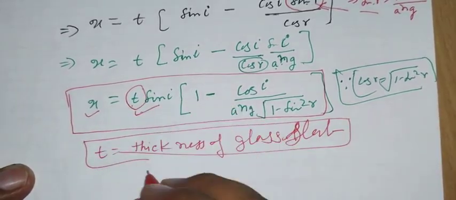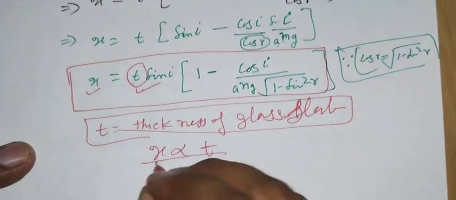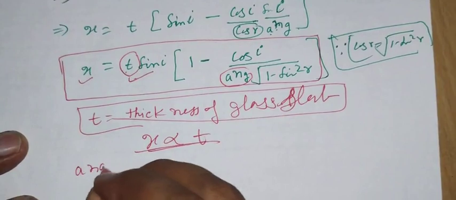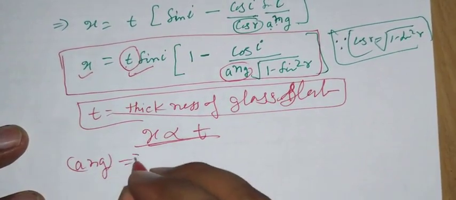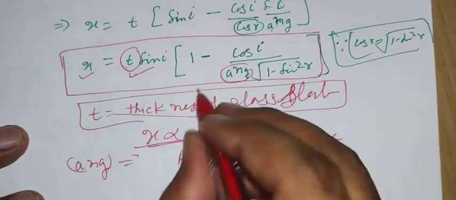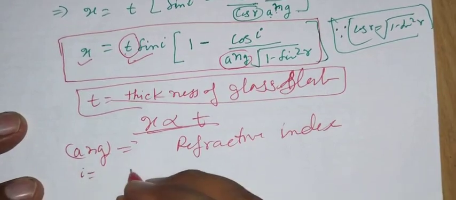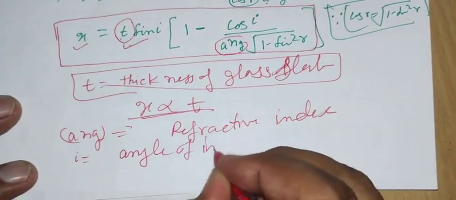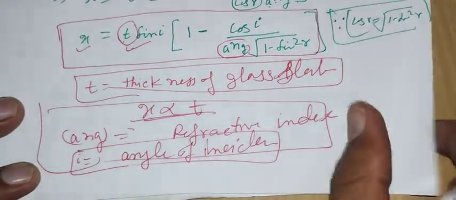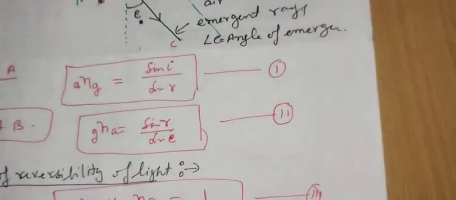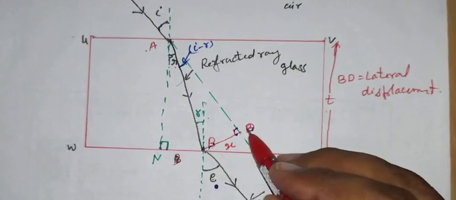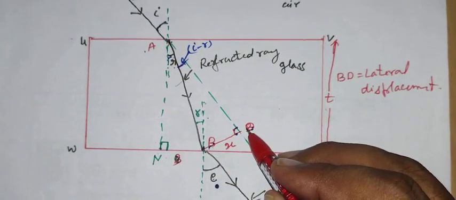It is directly proportional. Second, n, the refractive index, and I, the angle of incidence. So these are the parameters on which lateral displacement x depends. This is for the topic. Thank you and have a nice day.